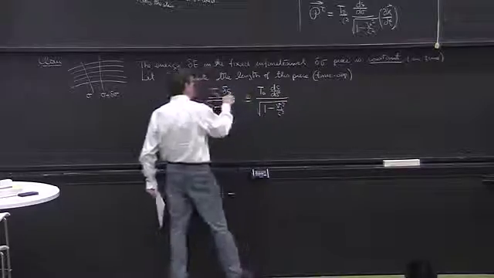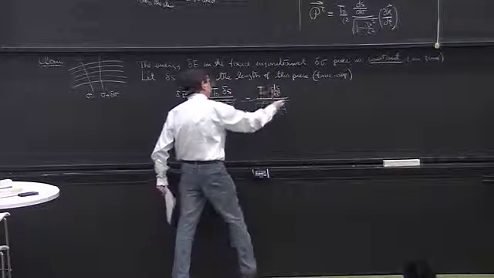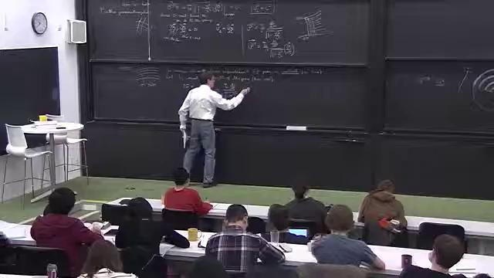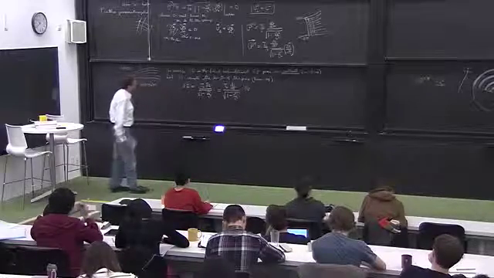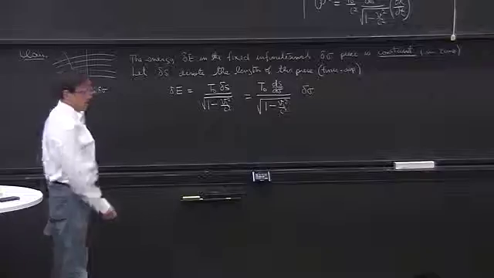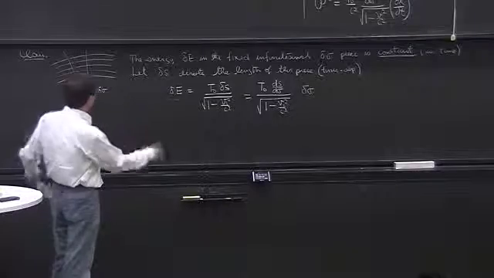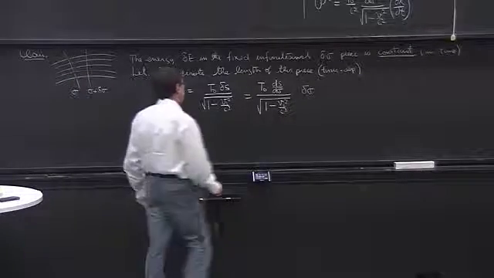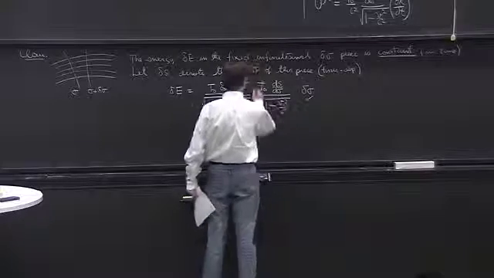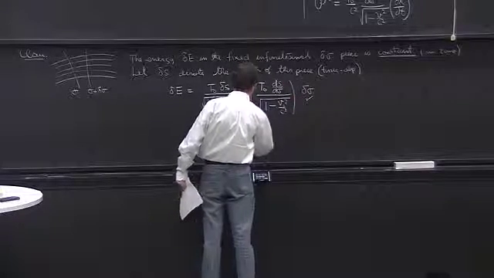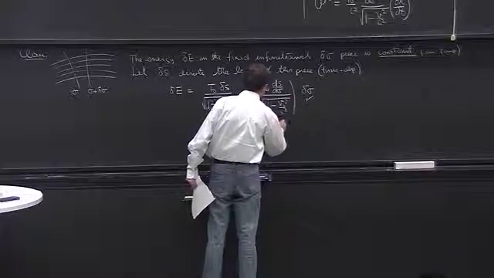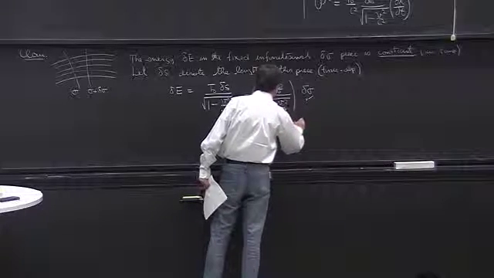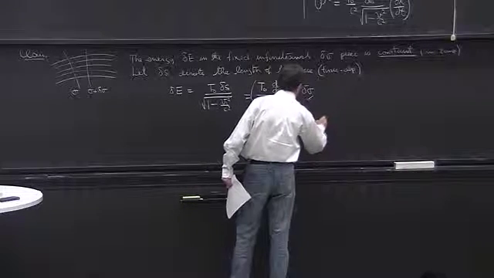And so delta S is the derivative of S with respect to sigma times delta sigma. So the claim is that the amount of energy in that little piece of string is constant. Therefore, the claim is that this is constant.